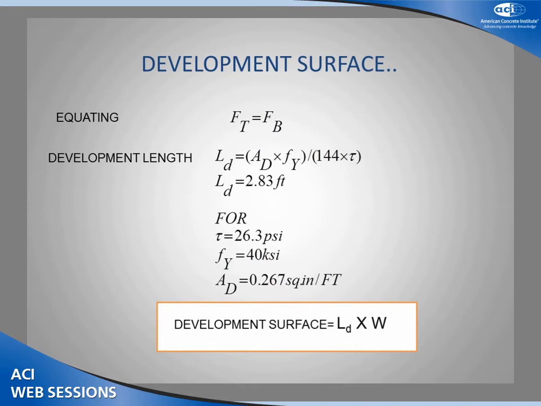So long as your loops are designed in such a way that the length you are engaging on the diaphragm is more than this, the failure is not going to be governed by bond. It is going to be in tension, right? These are the values that you can get from ASTM A1008 for the diaphragm. I've used the maximum value of diaphragm yield strength to ensure that I get the maximum value of development length. The development surface is then simply L sub D multiplied by the width.